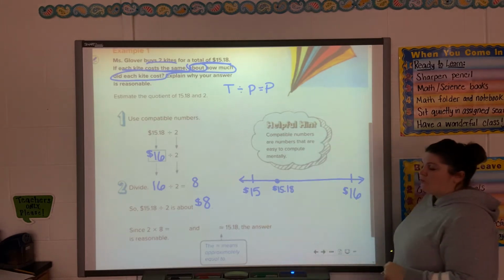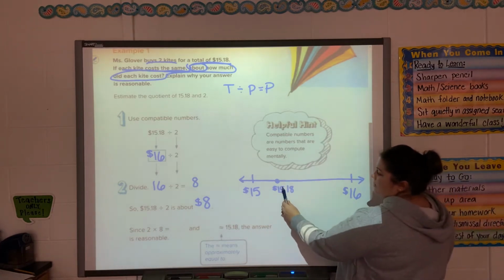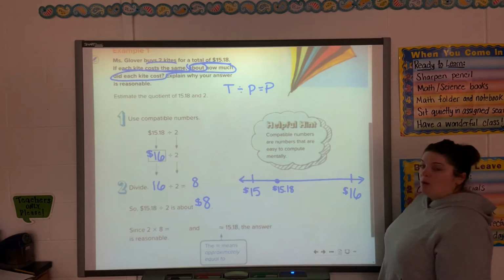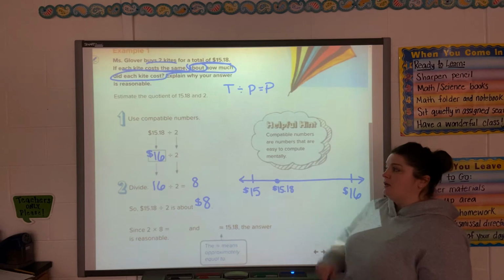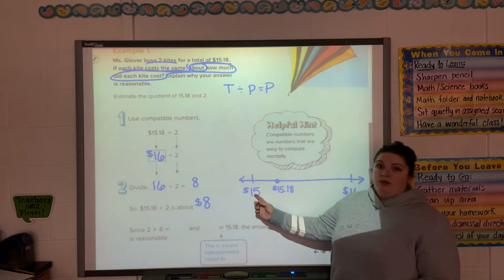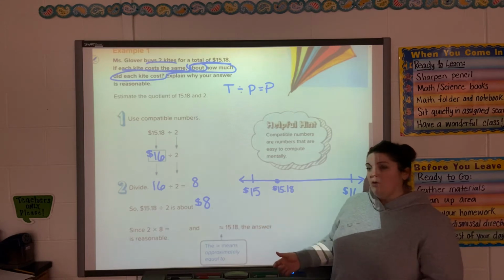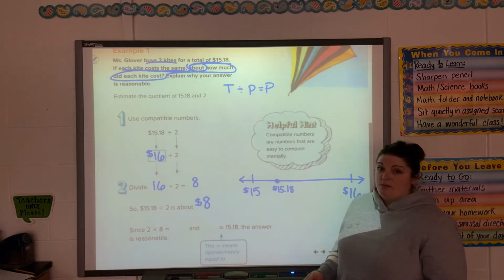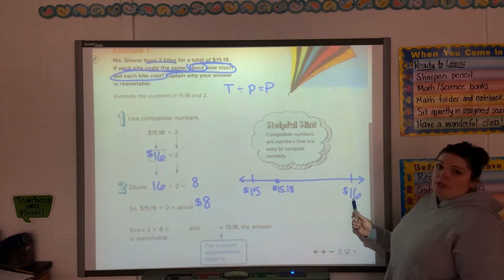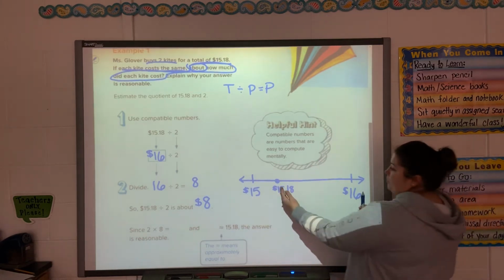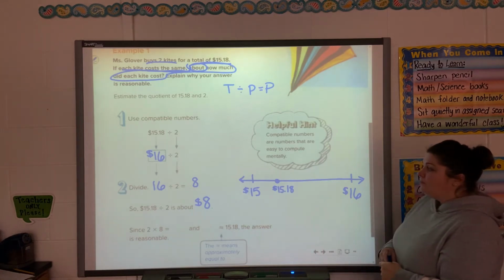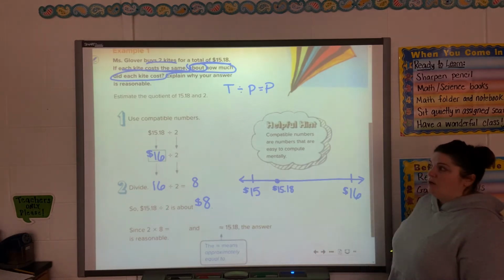So if I were just rounding this, I would say $15.18 is close to $15. However, because we are dividing, we need to use a compatible number. 15 divided by 2 doesn't give me a whole number, and for some people that's not mental math. So I can still go to $16, even though it's not as close, but it's still close to that dollar amount. 16 is compatible with 2.